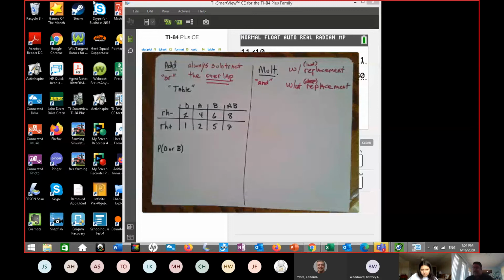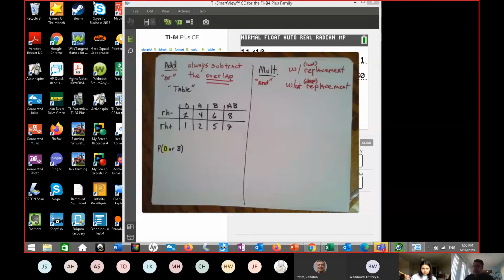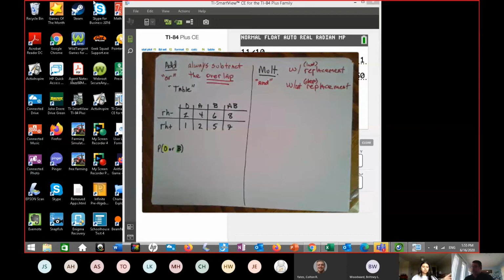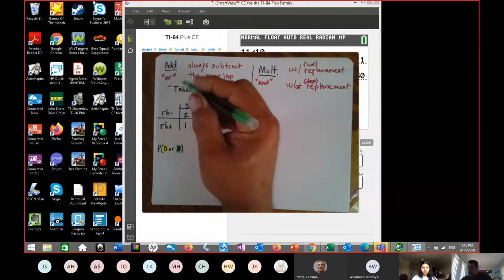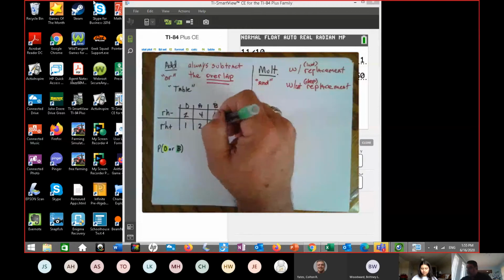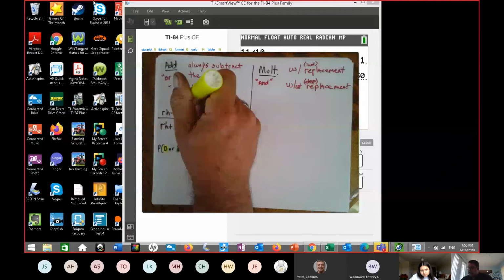I'm going to take my highlighter and highlight O with yellow, and B with green. I'm just going to use a dotted line, because I'm going to do 2 questions on this and I don't want to mess up my table.